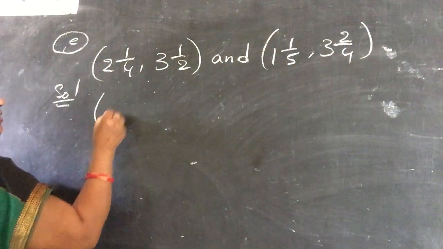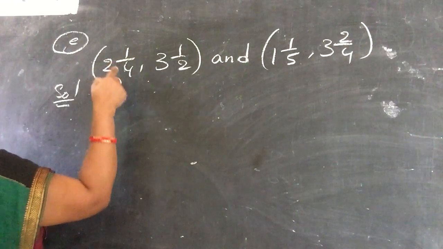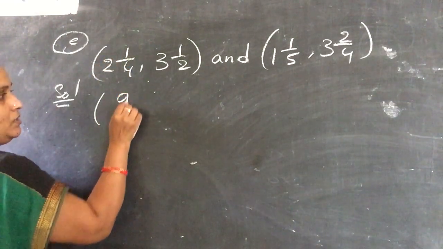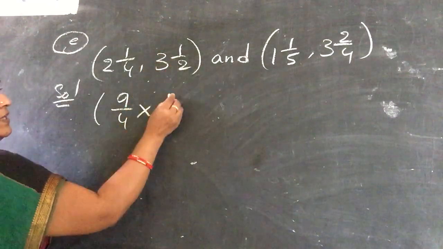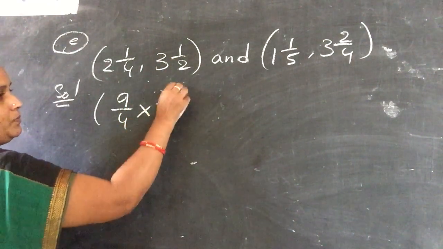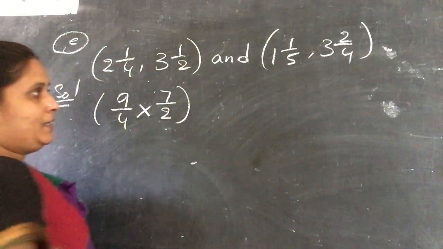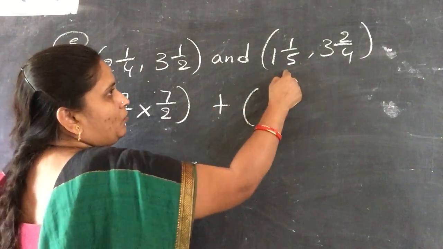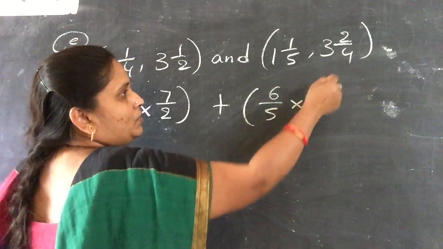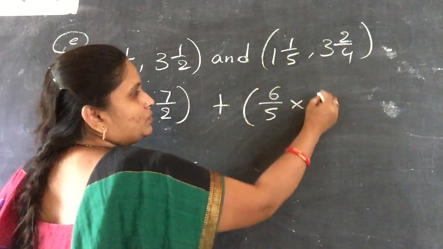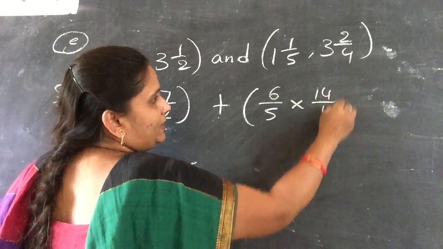So 2 2s are 4, 2 4s are 8, 8 plus 1 is 9/4 into 2 3s are 6, 6 plus 1 is 7/2. Okay, plus 1 5s are 5 plus 1 is 6/5 into 4 3s are 12, 12 plus 2 is 14/4.